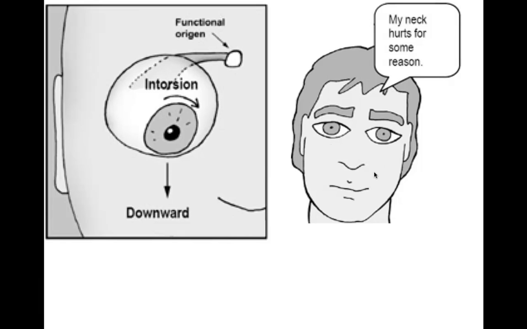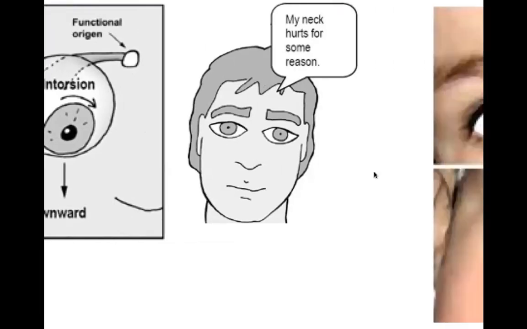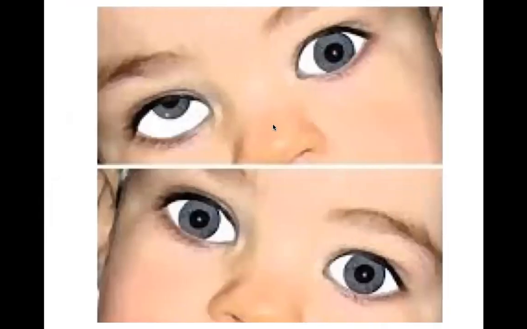So on first inspection, we don't see any deviation, but rather tilting of the head. But if you ask the patient to untilt their head, that's when you see the deviation becoming apparent.